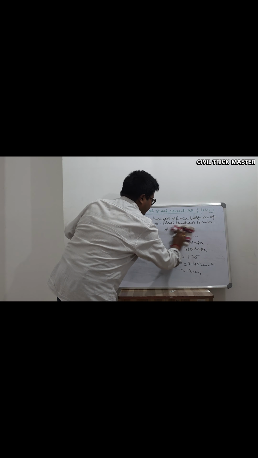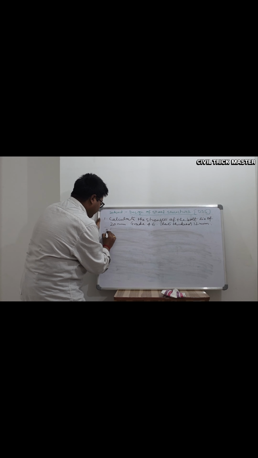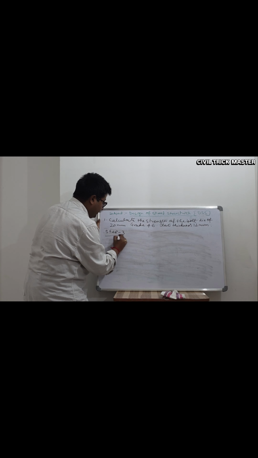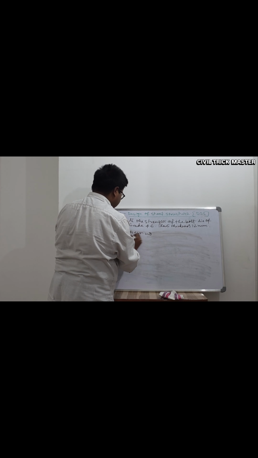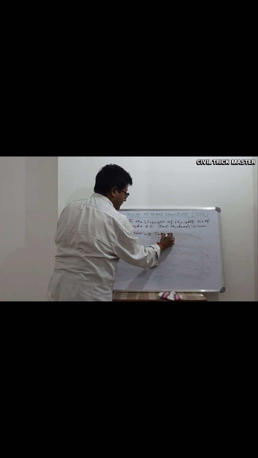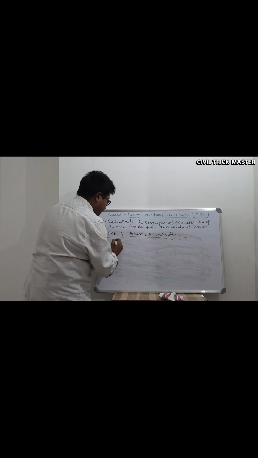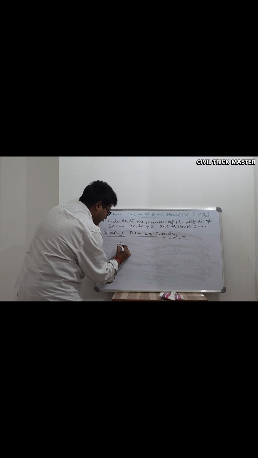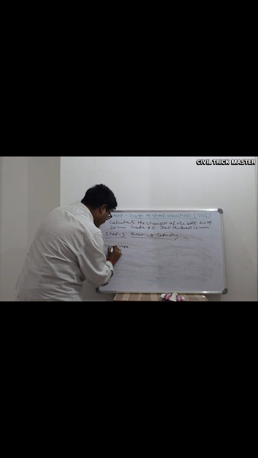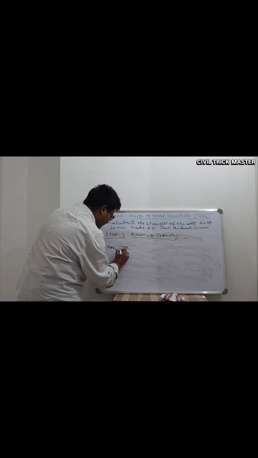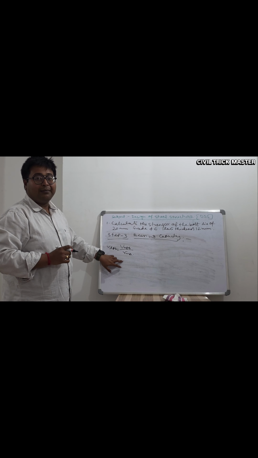Now, for our design, we have another step: the bearing capacity of the bolt. That is our last step, step 3. Shear capacity is already calculated. Vdpb is equal to Vnpb by gamma mb.